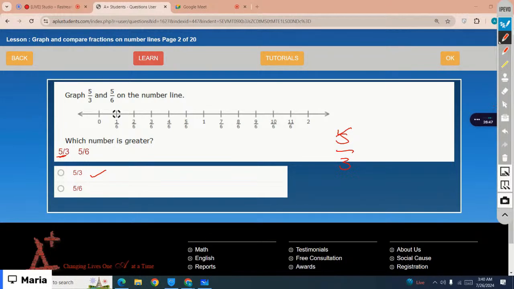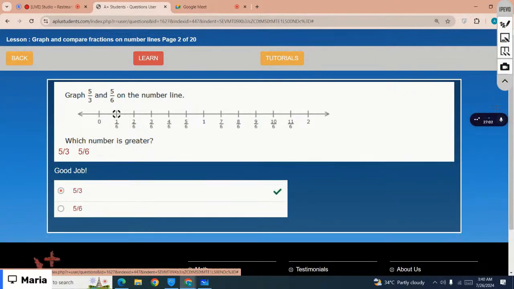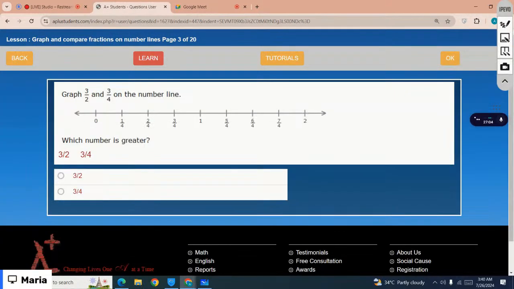Okay, the next one is the correct option is 5 by 3, right? The next one is graph 3 by 2 and 3 by 4. So which is greater? Which one is 3 by 2 and 3 by 4?